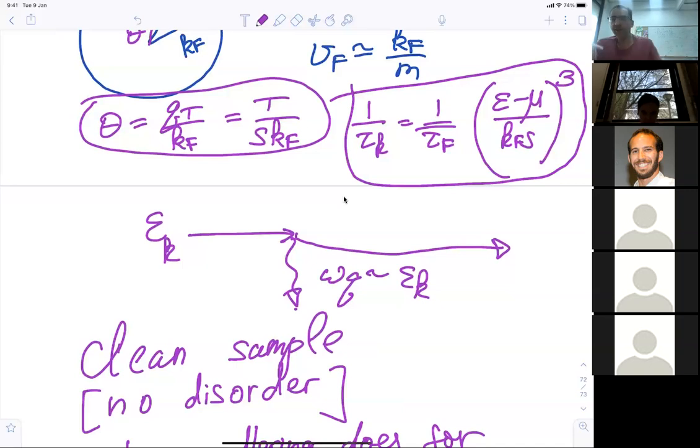Okay, so I think it's a good time for us to stop, because I think I posed the question. And hopefully next time we will try to answer this question, to understand it, and then to see how naturally electron phonon scattering gives rise to a variety of regimes of different temperature behavior.